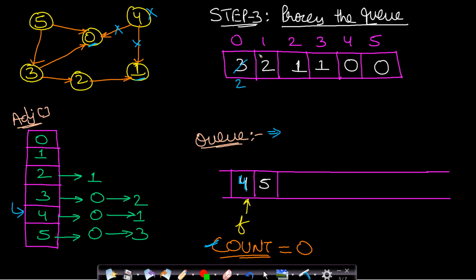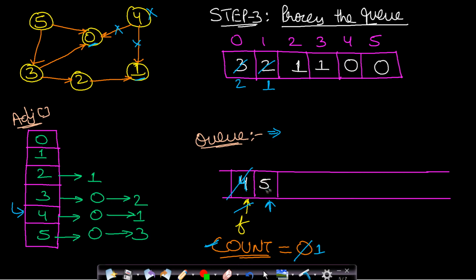The initial in-degree of 1 is 2, so it will become 1. Now this node has been taken out of the graph, so the graph is now having only 5 nodes. 4 is not present in the graph. Node 4 has now been processed, and since one node has been processed, our count value will be incremented by 1.